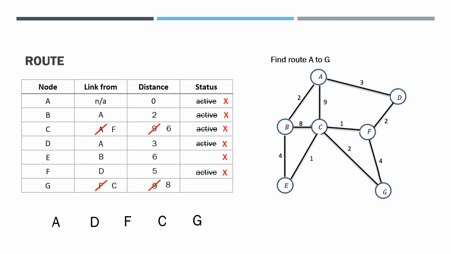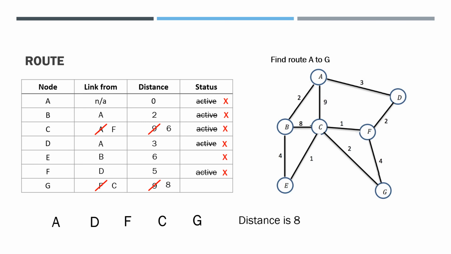So our complete route is A, D, F, C, G, with a distance of 8. I think it's quite hard to spot that by eye, just by looking at this table, but using the algorithm takes us methodically through it and finds us the right route. So that's how we do Dijkstra.